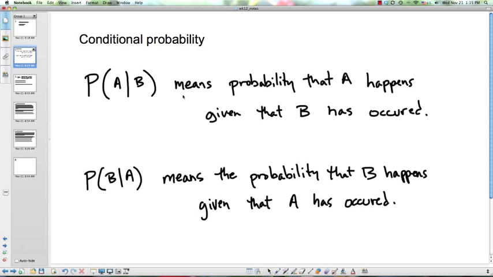It'll be important to make a distinction. I may turn this around and say the probability of B given A, which means the probability that B happens given that A has occurred.